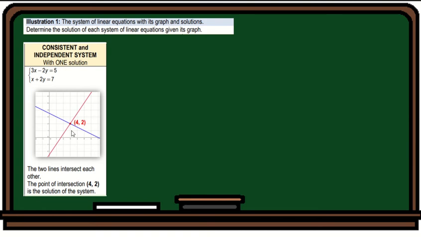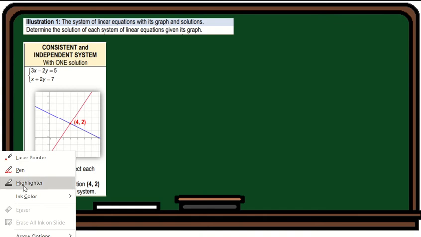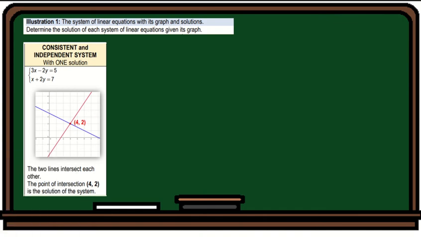As you observe this part here, the 4 and 2, this is where the two lines meet, or kung saan nag-cross or nag-meet yung dalawang line. So this means that this 4 and 2, I think this is not 4, this should be 3. So let's change this one into 3 and 2.